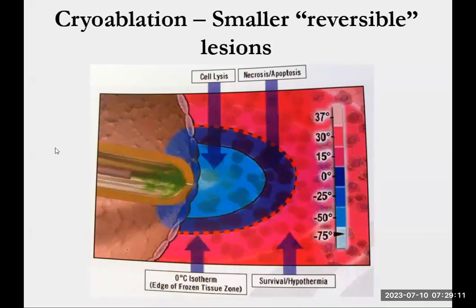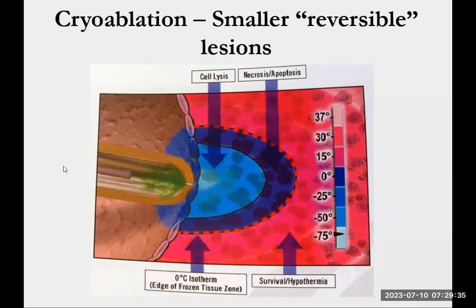And some families have asked us, or cardiology fellows have asked, well, why don't we use it all the time? First of all, it's complicated to set up. Any of you have seen us do it. It's always a pain in the neck. But the most important reason that we don't use cryo routinely all the time, even though it does have this nice benefit of reversibility, is that it does not work as well.